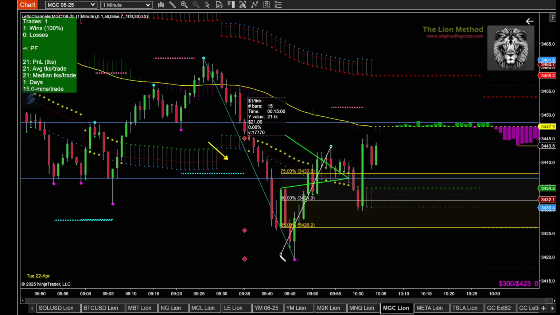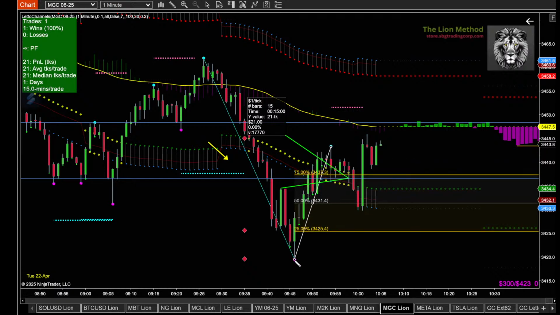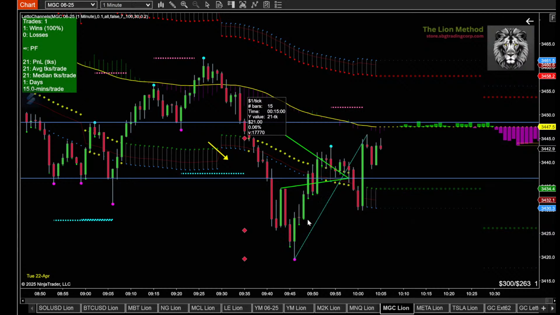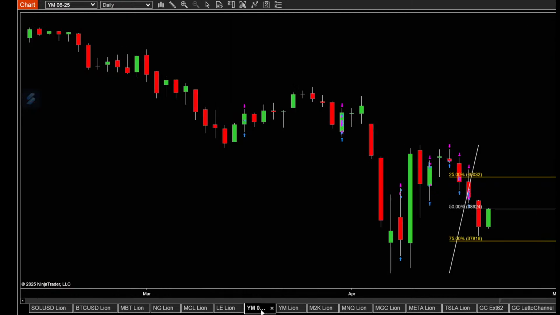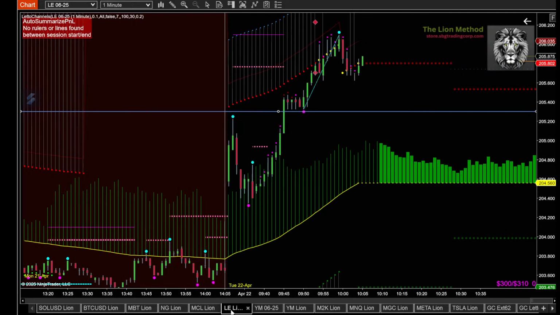How far was our retracement in gold? Look at that, guys, right to the 50. Gold retraced 50% of its move and then launched. Food for thought. The magic of Fibonacci.